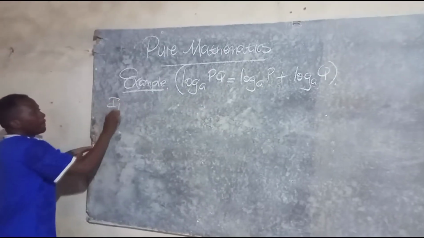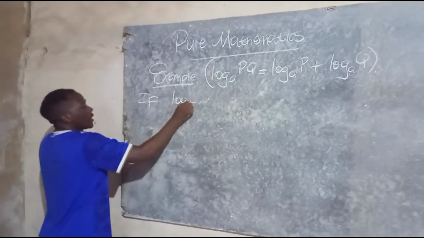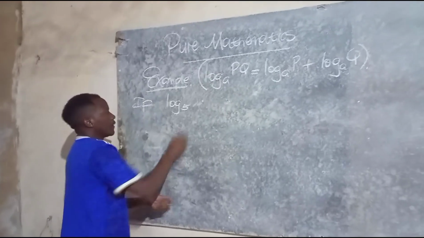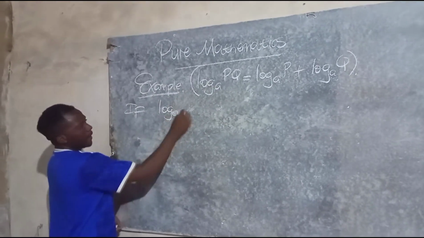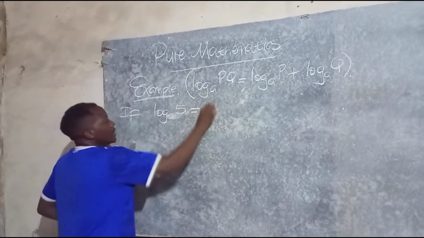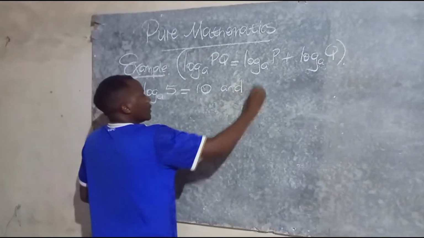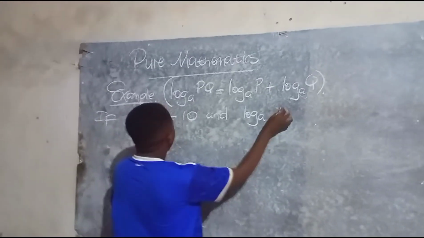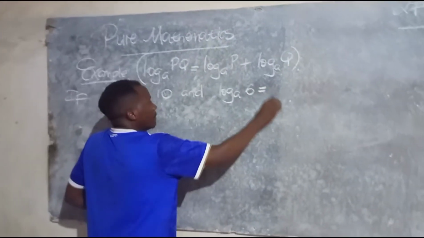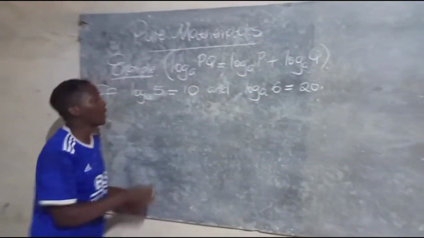So let's say log a of 5 is equal to 10 and log a of 6 is equal to 20.